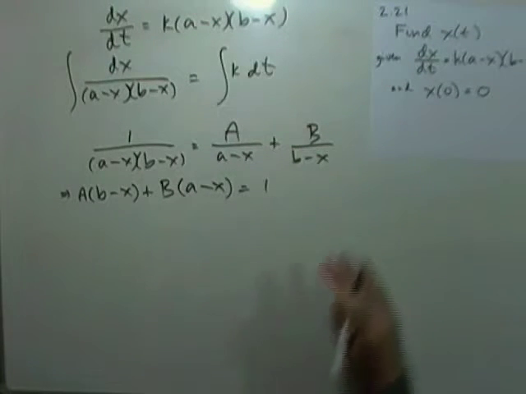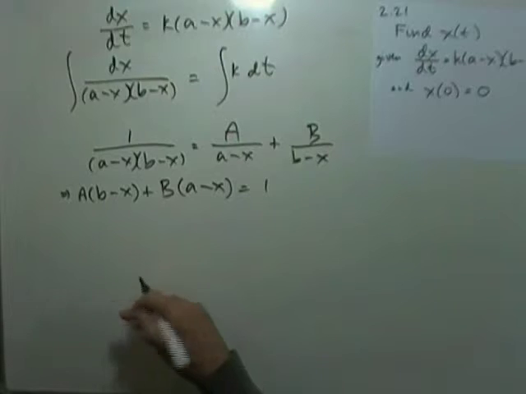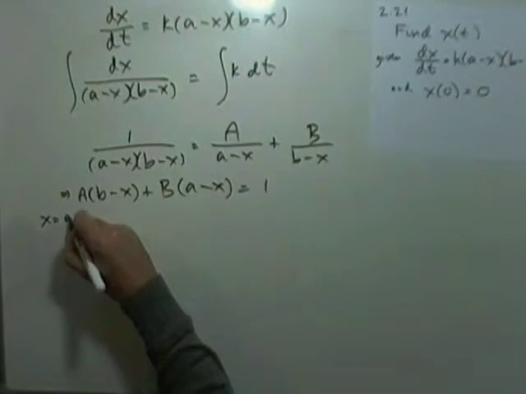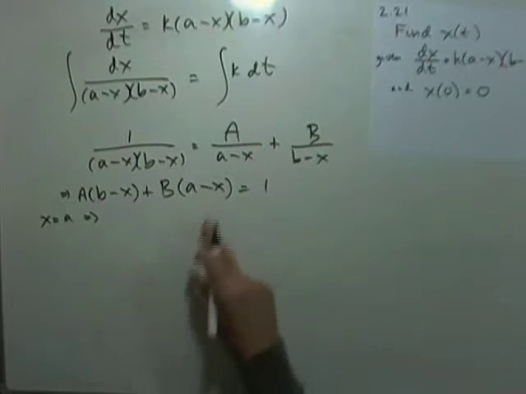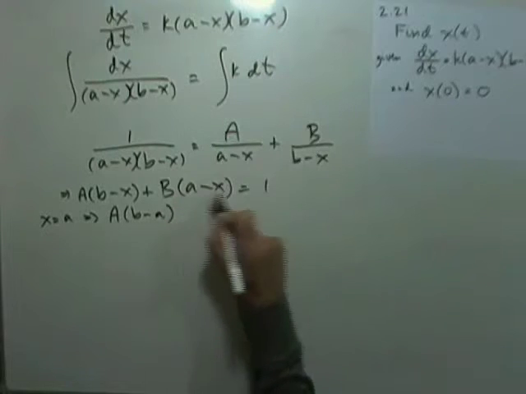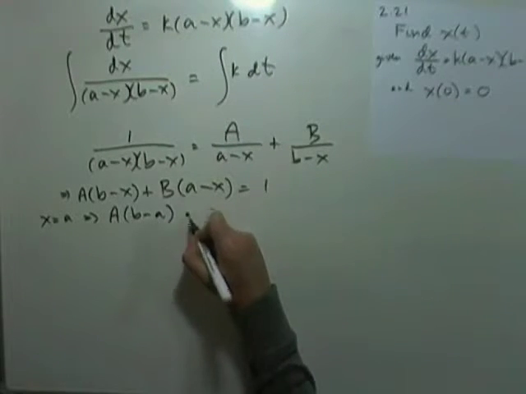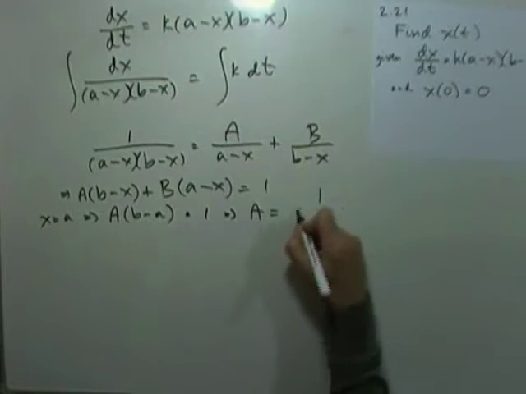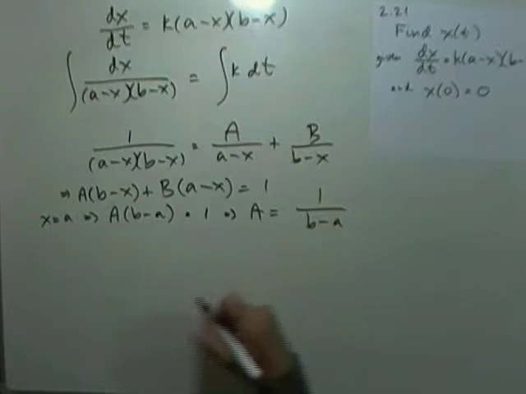And then either by equating the coefficients or just using some knockout values here. So if we put in X equals A, that means I'll be left with A times B minus A, and that'll just be 0, will equal 1, which means that A equals 1 over B minus A.